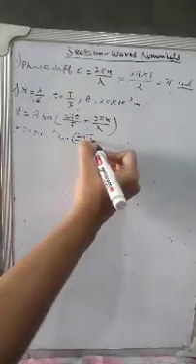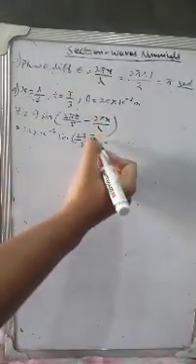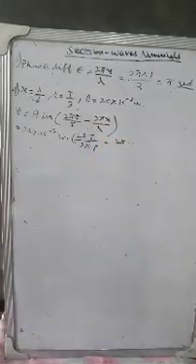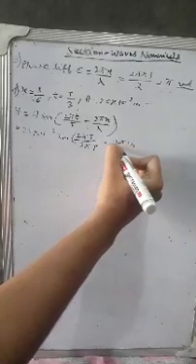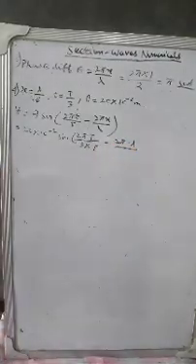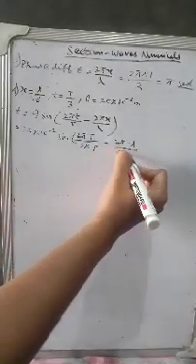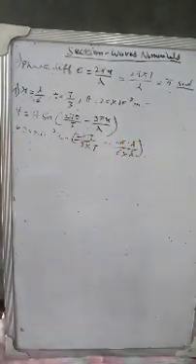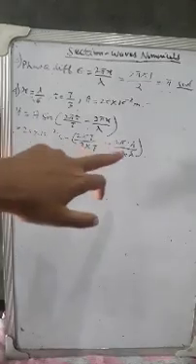Let me write it first. Solve this sum. First term is done. Next I'm moving to 2 pi into lambda by 6 into lambda.